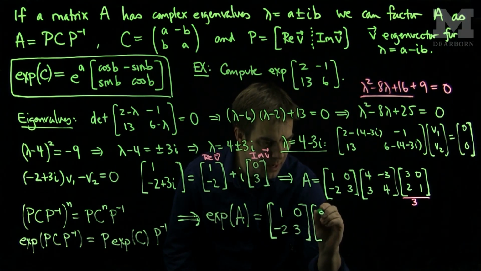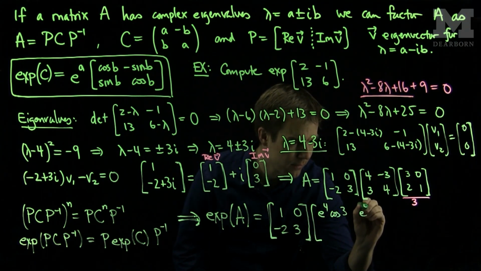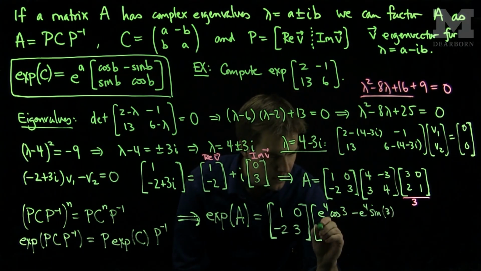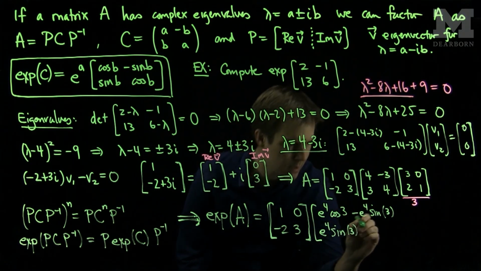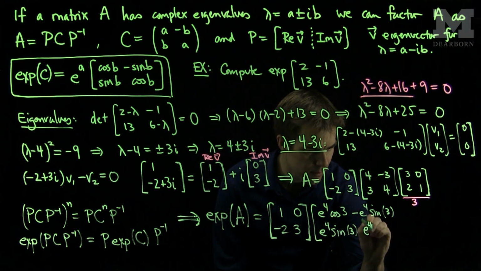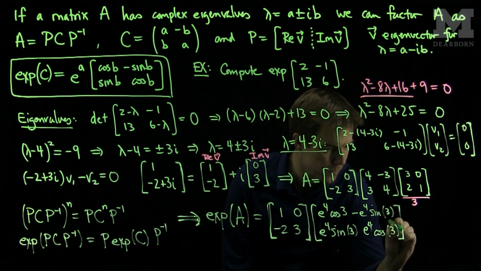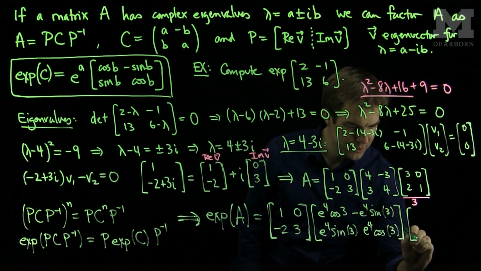So this is going to be e to the 4th power cosine of 3, e to the 4 sine of 3 with a negative sign, e to the 4 sine of 3, and e to the 4 cosine of 3. And the last matrix will be P inverse, which we can find.